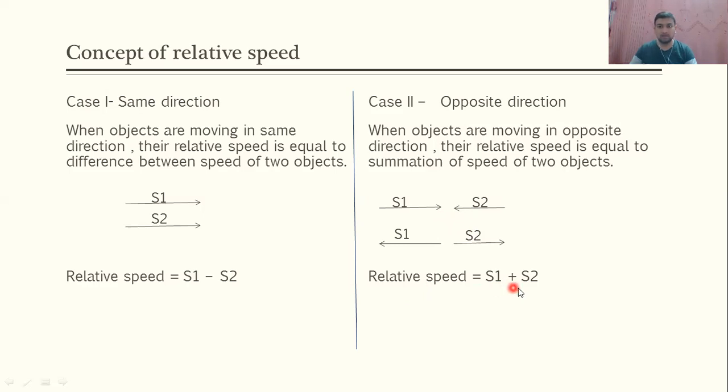Okay, so please remember both these cases. If the objects are moving in the same direction, relative speed is the difference between the speeds of the two objects. And if the objects are moving in opposite direction, then relative speed is the addition or summation of the speeds of the two objects.